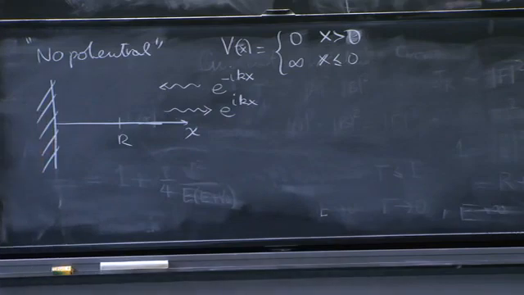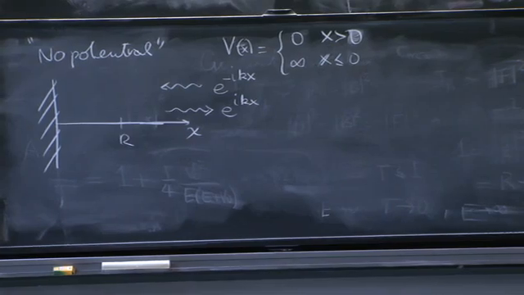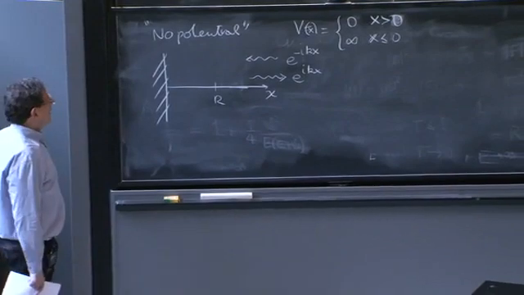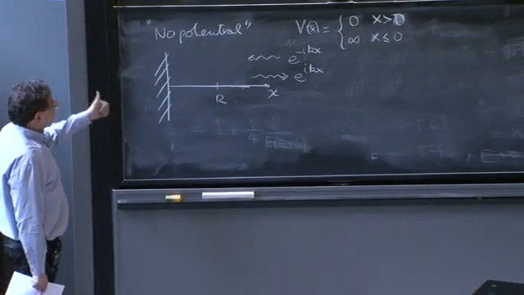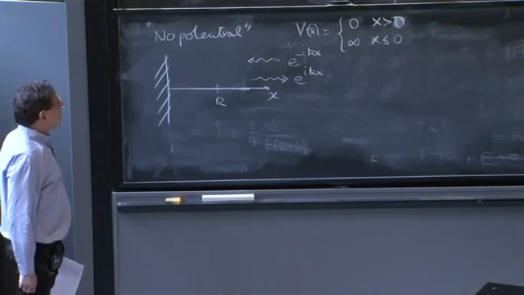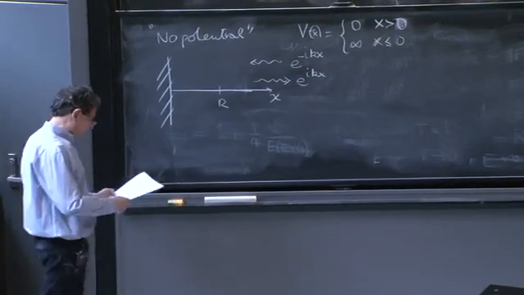These are the only things that can be there. They correspond to energy eigenstates. This is the de Broglie wave function of a particle with momentum k in one direction or in the other direction. But let's combine them in a way to produce a simple solution.